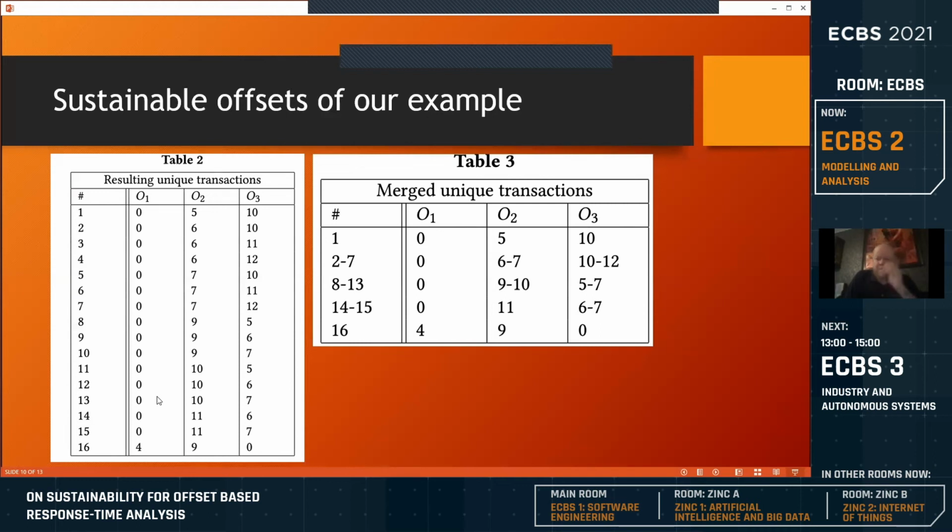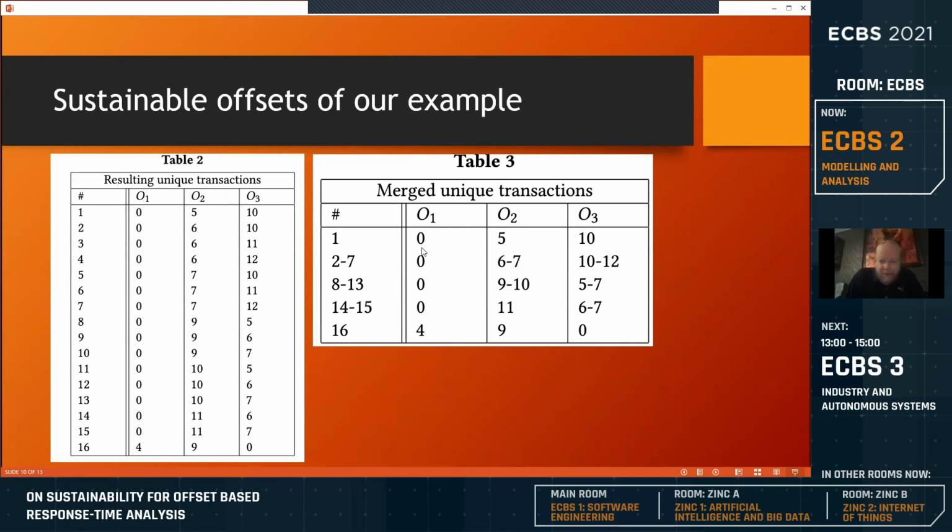Depending on what task you're interested in, you can merge and generate these cases so that different tasks are highlighted.